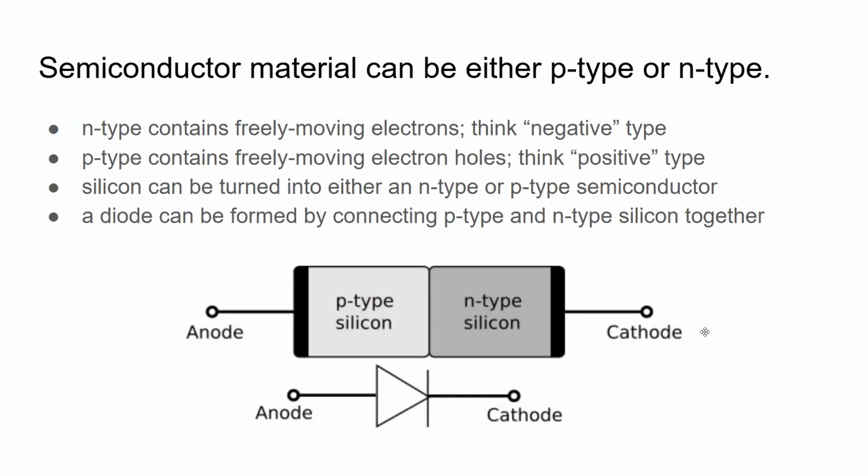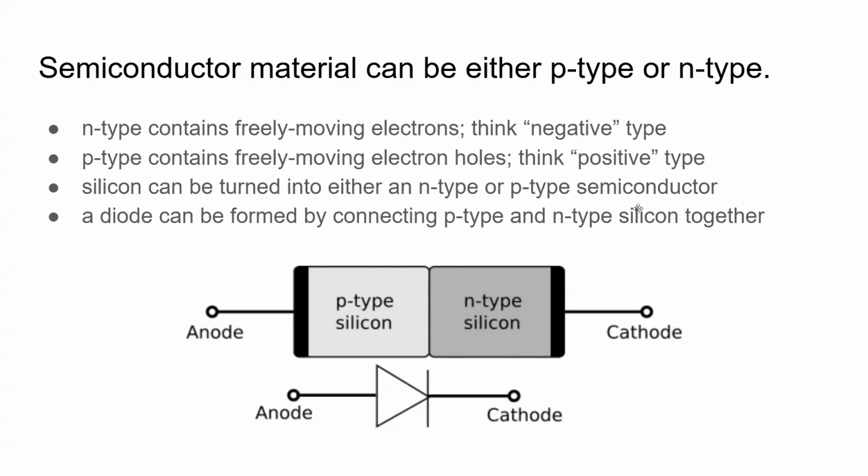So semiconductor material can be either P-type or N-type, and this has to do with how we actually dope the material. Silicon, for example, can just be intrinsic, but when we want to make semiconductor devices that have some interesting uses, we typically dope them in order to have more P-type or more N-type.